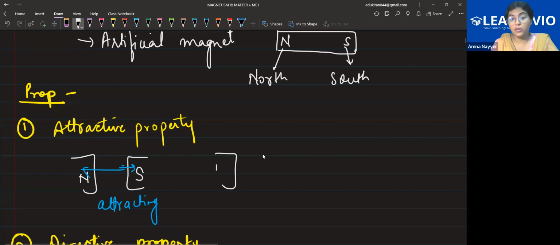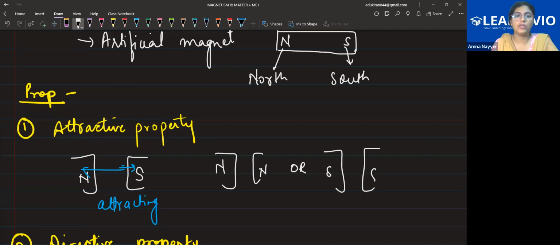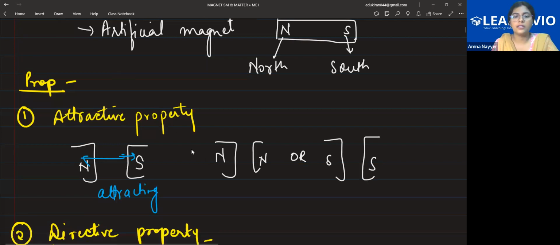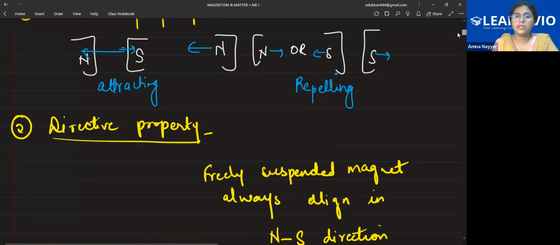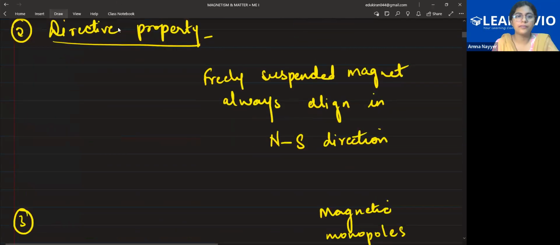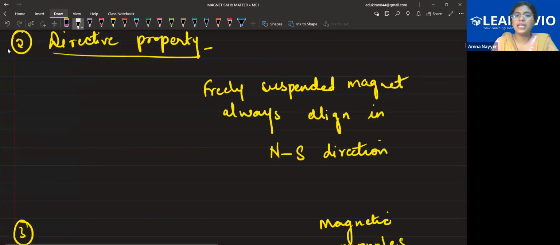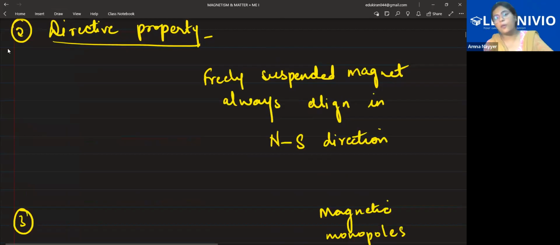If you bring north and north together, or south and south together, they repel. Then it has a directive property.